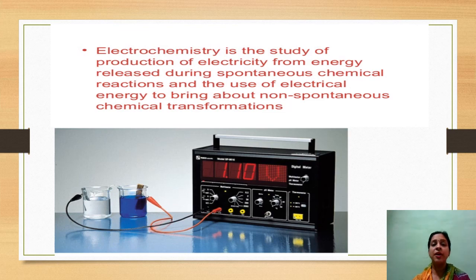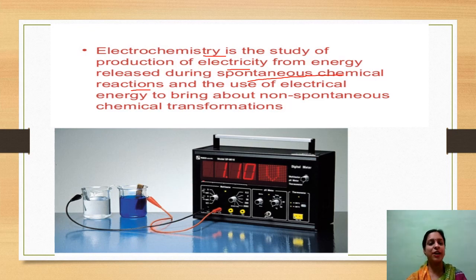So electrochemistry is the study of the production of electricity from energy released during spontaneous chemical reactions. As shown in the figure, a certain reaction takes place, and due to this reaction you can charge or run your transistor.